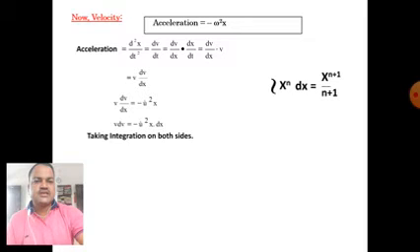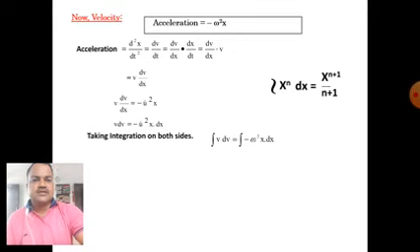So taking the integration on both sides of the above equation, we get the integration of v dv is equal to minus omega square x dx. Here minus omega square is a constant value. So by using the general formula for integration of x raised to n into dx, the integration is x raised to n plus 1 divided by n plus 1.